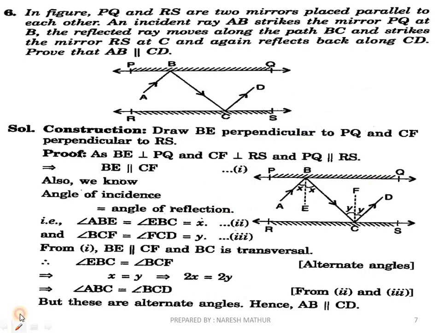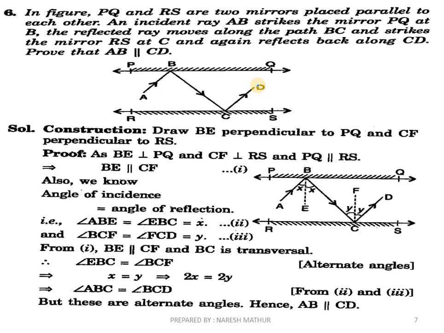Now the last question, another good one. In the figure, PQ and RS are two parallel mirrors. An incident ray AB is striking mirror PQ at B and reflects back along the path BC and strikes RS at point C, and again it reflects back along CD.